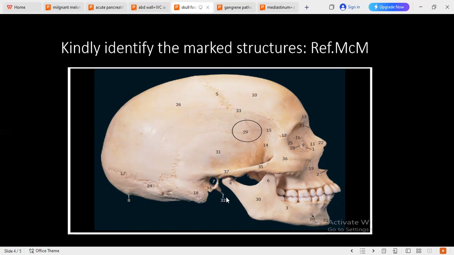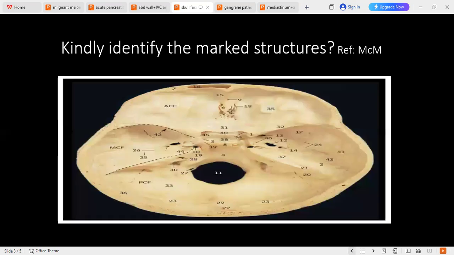Okay. Please identify number 32. 32 is a styloid process. Yes, of temporal bone, right. Okay, very good. Right, yes, there are more things I could ask you. Going back to the previous image.